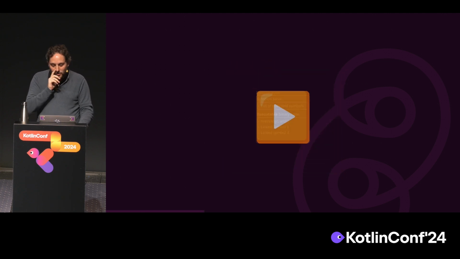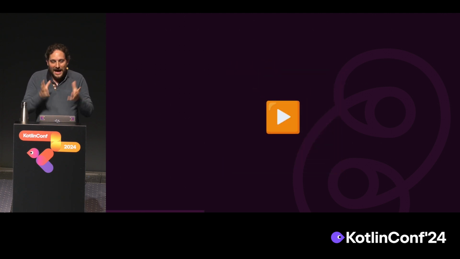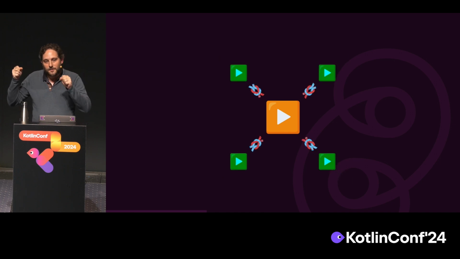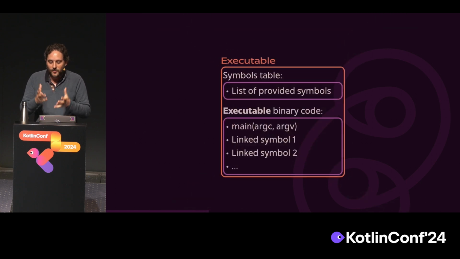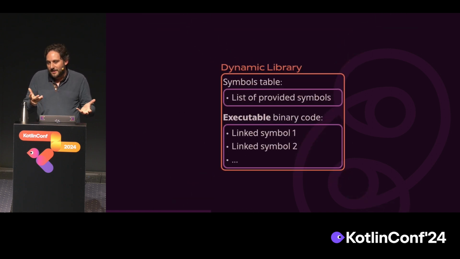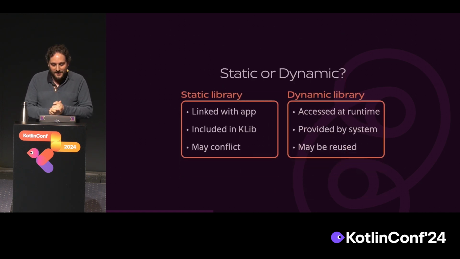What's interesting to know is that an executable can, at runtime, access other executable binary libraries. These are tables that contain executable code, but do not provide the main function. So the difference between an executable and a dynamic library is just that it doesn't have a main function, but it's executable code that has been linked. And that's the main difference between static and dynamic.